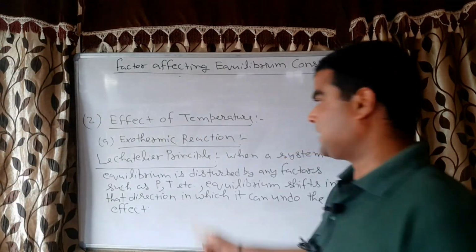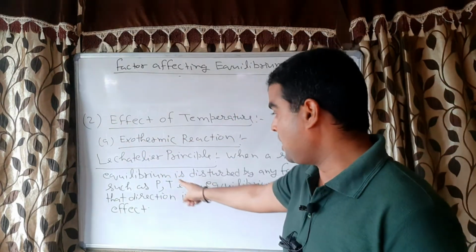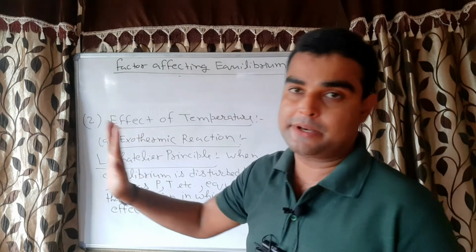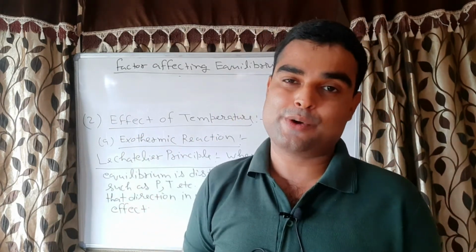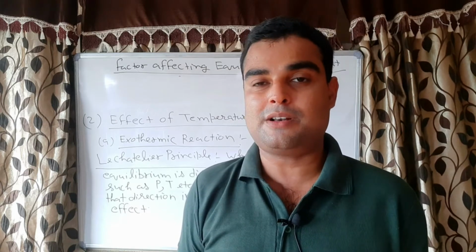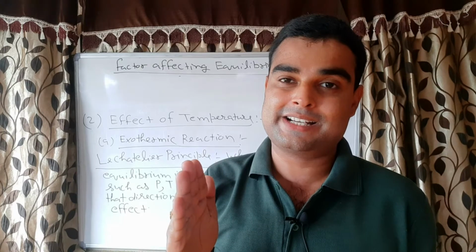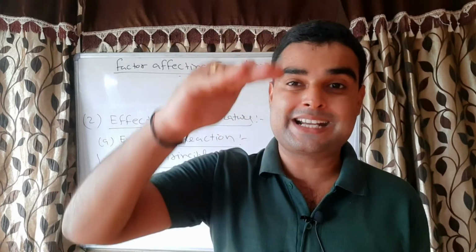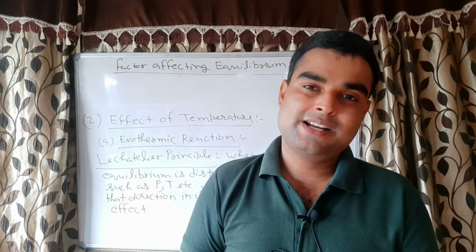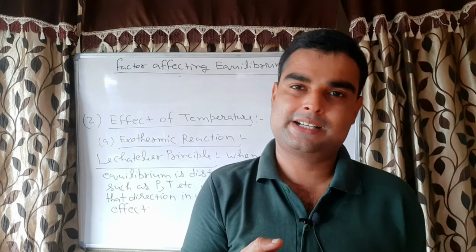Now see, exothermic means heat is evolving. Now we are increasing the temperature, means we are providing the heat, means we are increasing the heat. So as per the Le Chatelier principle, the system equilibrium will move in that direction in which it will undo the effect. Undo the effect means it will decrease the heat. So for decreasing the heat, the system should absorb the heat, correct?